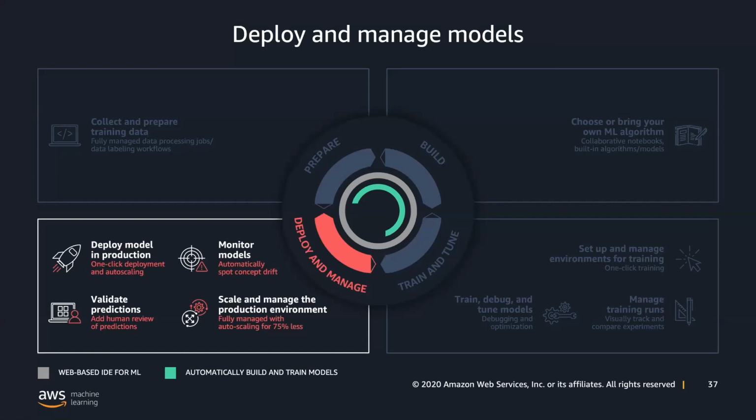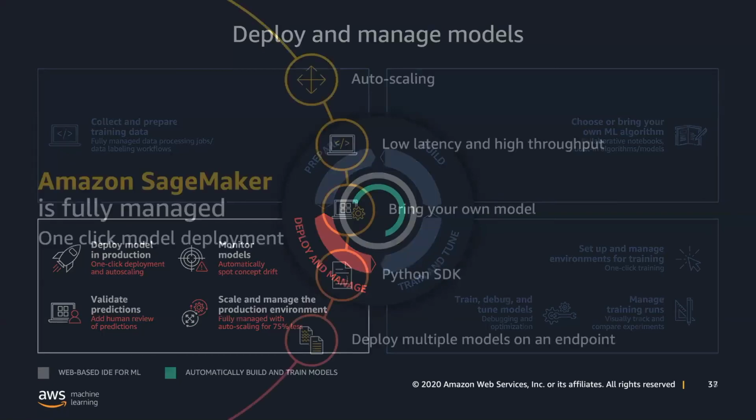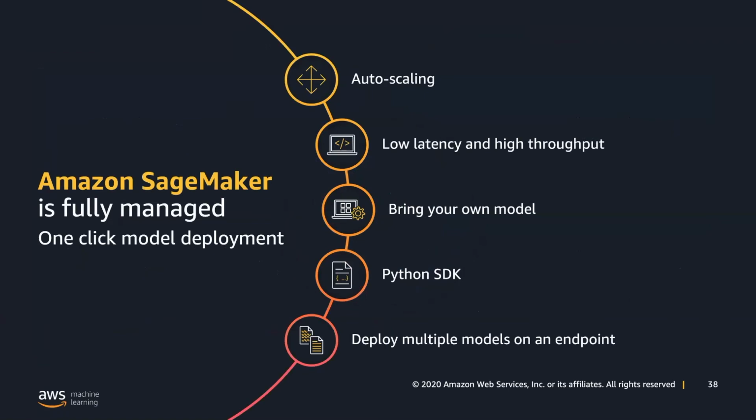Then one of the really key value propositions of SageMaker is on the model deployment side. In some sense, this is a really big benefit, because one thing I've heard in talking to hundreds of customers now is that data scientists have the skill set for building and training the model and writing the algorithms, but the major complaint I've heard is, okay, but my model lives on my laptop and I don't know how to take it forward from here.